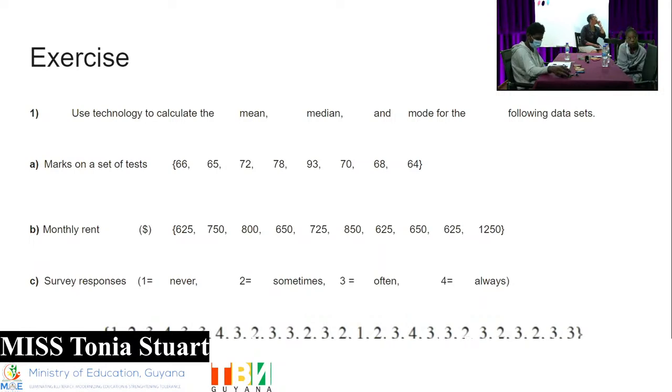So the first one, marks on a set of tests. We have different marks there, different scores that persons would have obtained.